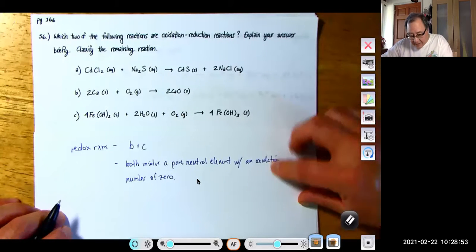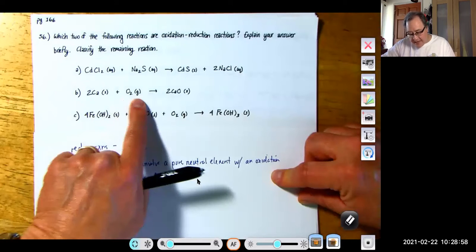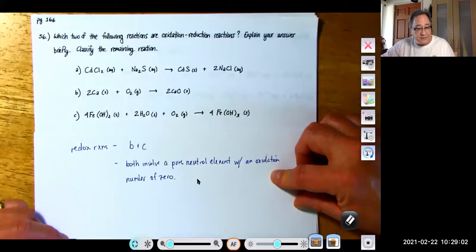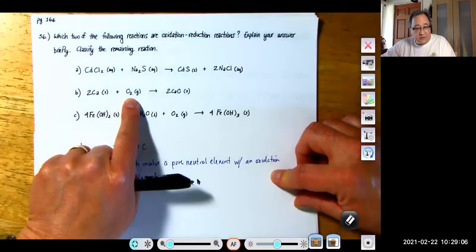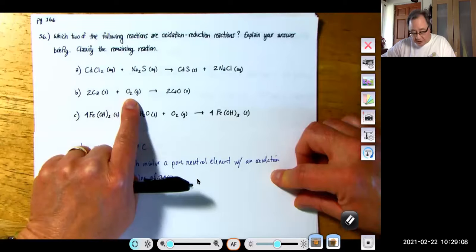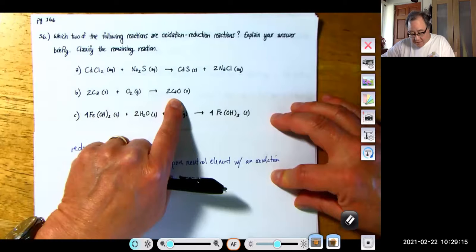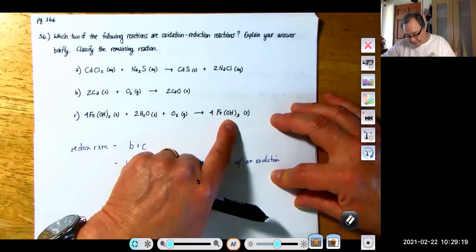That same element has an oxidation number of -2 on the other side of the equation, right? See, here's oxygen, 0. Second equation, B, oxygen with the 0. On the other side of the equation, that oxygen's a -2. Here we have oxygen with a 0. On the other side of the equation, it's a -2.